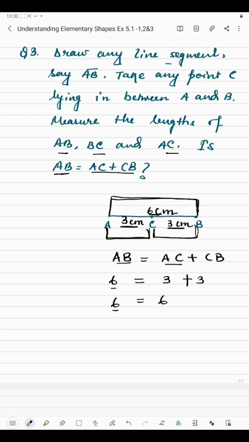So what we have observed is that the length of AB is equal to the sum of the lengths of AC and BC, because the length of AB is 6 centimeter and the sum of the lengths of AC and BC is also 6. So both are equal. So is AB equal to AC plus BC? Yes, it is.